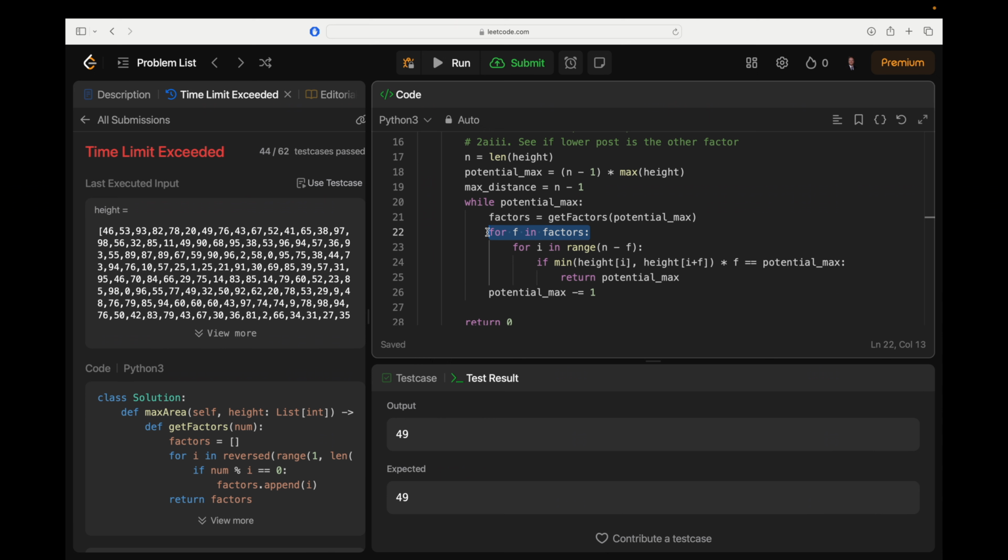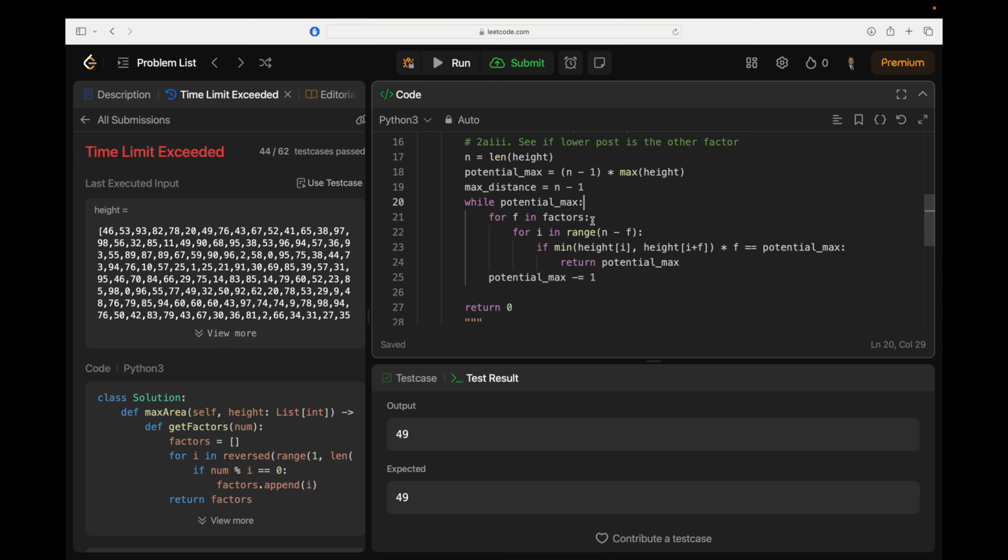Instead of doing factors, should I just try working backwards in terms of distances? I still don't think that'll work, but let's see if it works any faster, because at least this doesn't have to calculate the factors for all possible numbers.